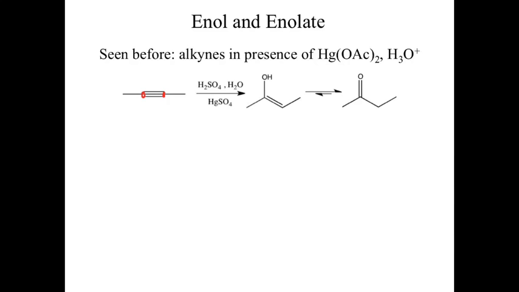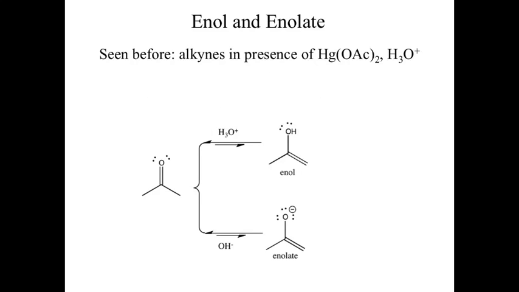So, we have seen it. We know it's there. We just kind of sort of did not talk about it in great detail, at least until we get up into this chapter. And really what we're going to now start to do is look at what makes it different, or what we can do with it beyond just, hey, it becomes a ketone.